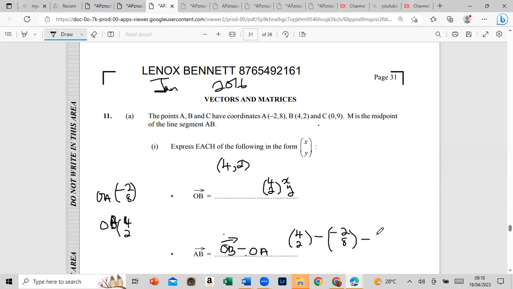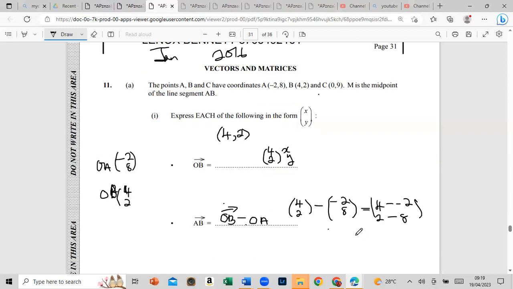So we have 4 minus 2, and then we have 2 minus 8. Be careful with the sign, guys, alright? Once you have 4, these two negatives is going to become positive.